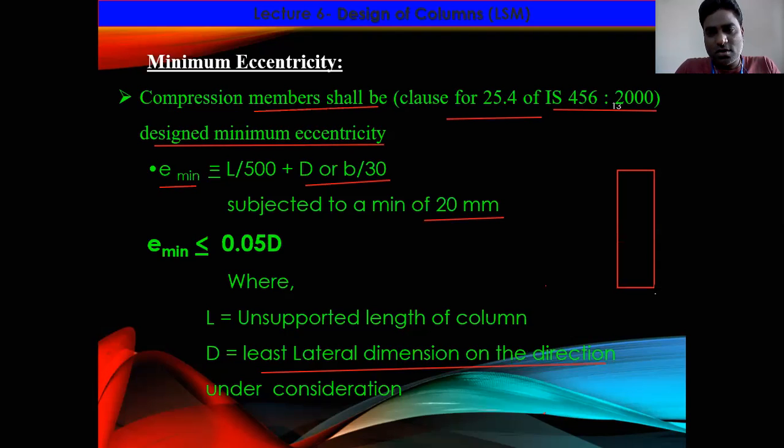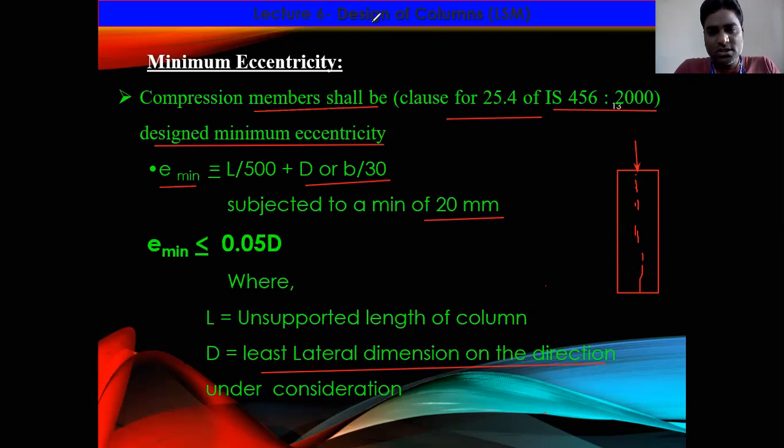Suppose this is your column, and the load is exactly passing through the centroid along this line. So this is the centroidal axis. The load is exactly passing through the centroidal axis. That means there is no eccentricity.